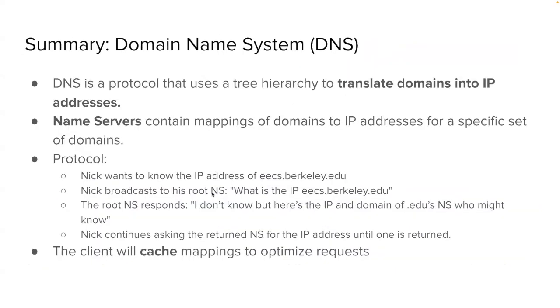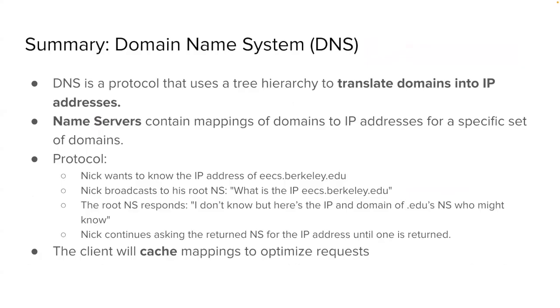Okay, so this is a summary of DNS. It's a protocol used to translate domains into IP addresses. And name servers contain mappings of domains to IP addresses for a specific set of domains. And the protocol is, if you want to know the IP, for example, of x.berkeley.edu, you contact the root, and root tells you its child server.